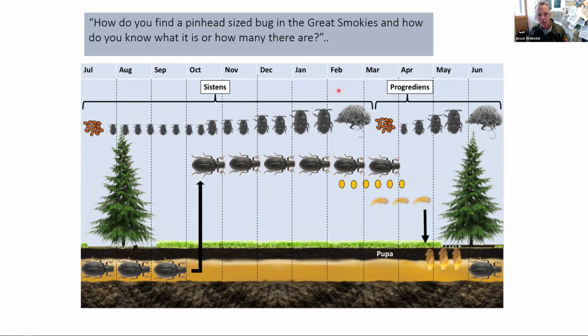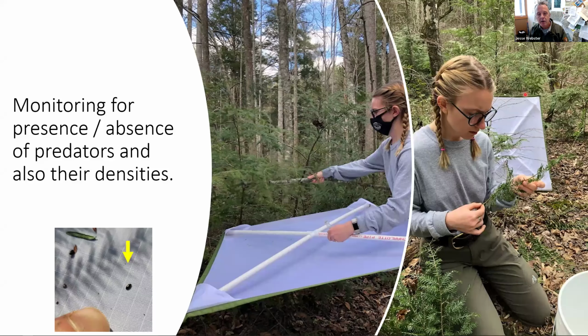We know we're right about here where they're starting to lay eggs and then the larvae drop off. So there's a little bit, if you notice, a little lag on this progrediens generation. And this is the headache with resource managers, is we understand we're not getting a complete knockdown on this tail end of this generation, but there is work being done on that.